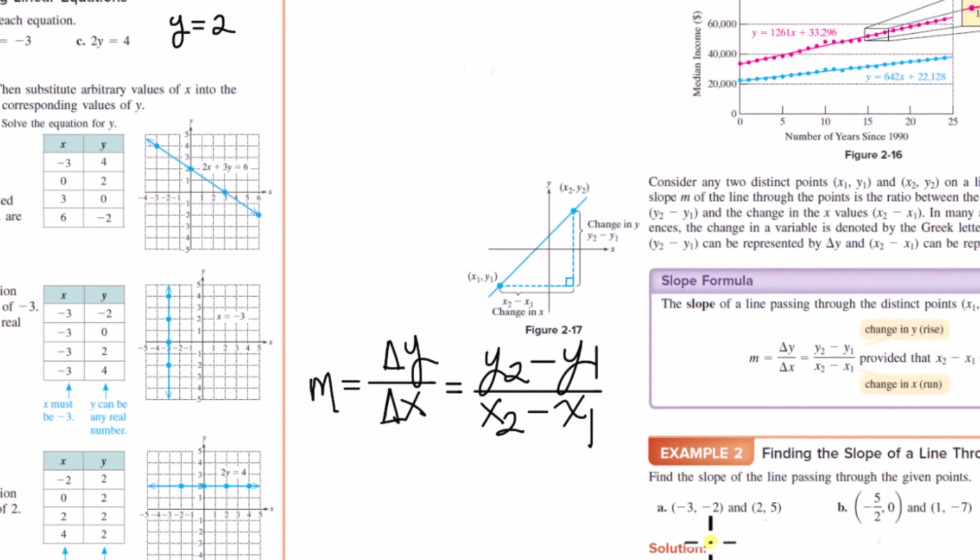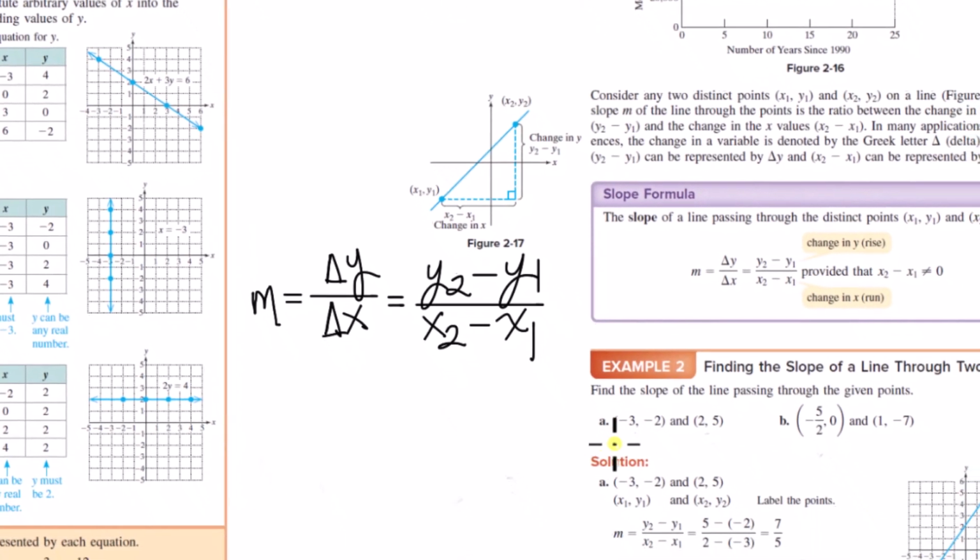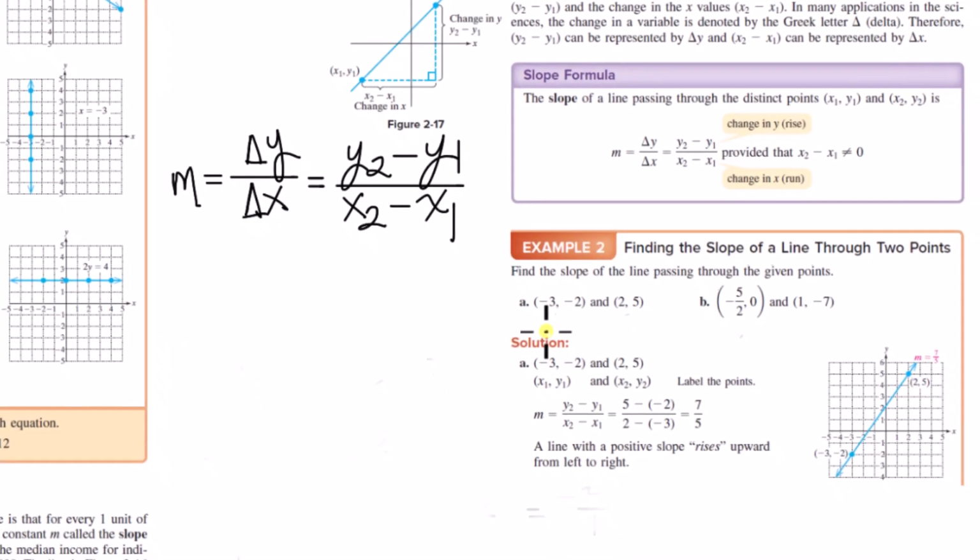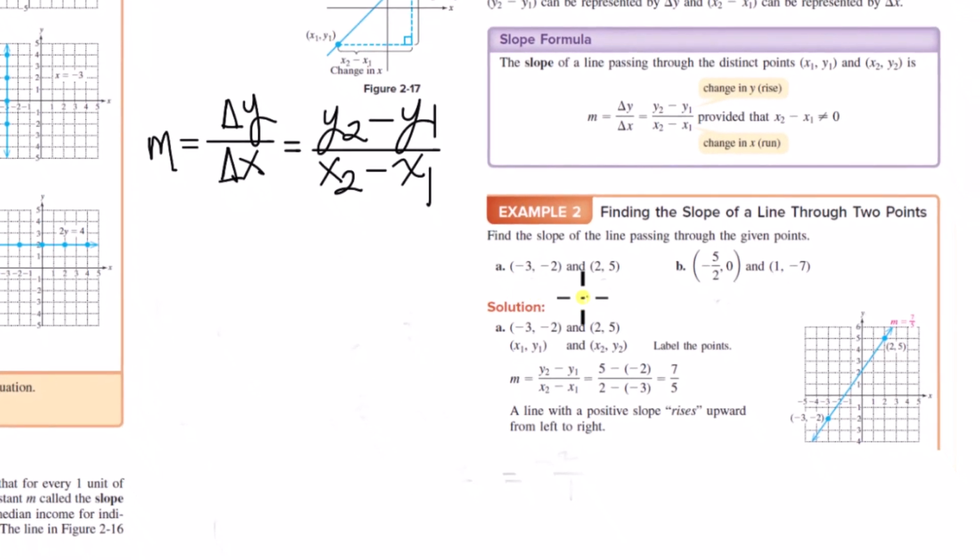Okay, and so if we look at these two examples, it wants us to calculate the slope of the line that goes through, part A, these 2 points. What is the slope of the line that passes through these 2 points? Remember from geometry, if you have 2 separate points, that constrains a unique line. So it makes sense that once 2 separate points are specified, that's a unique line with a unique slope.